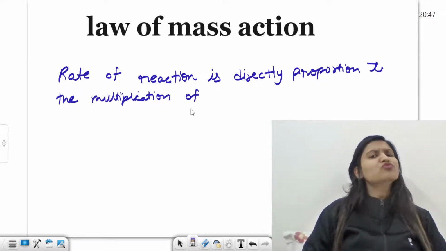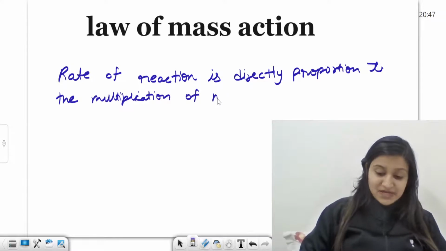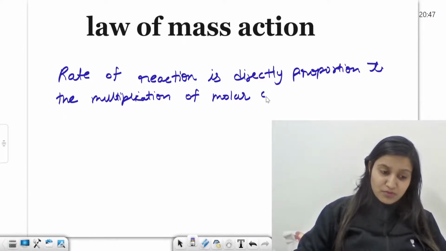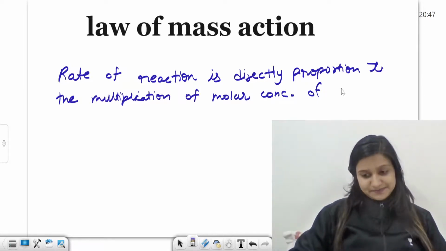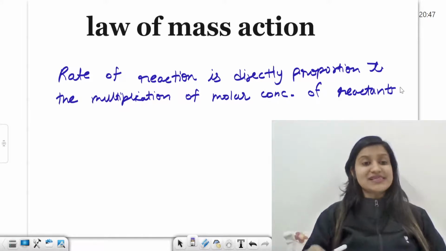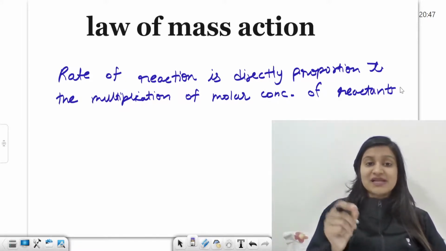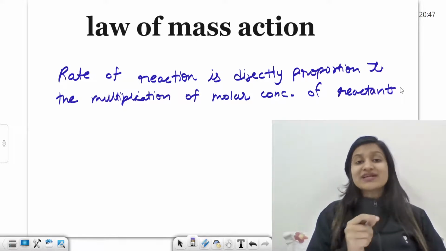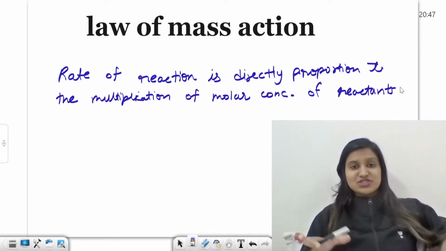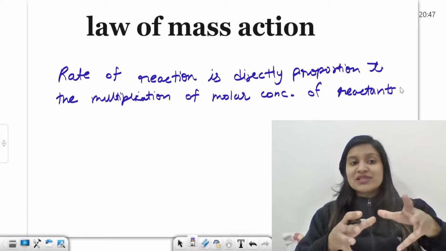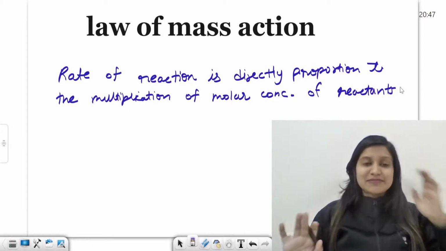Now you'll be like, ma'am, whose molar concentration? Of reactants. So what have we done till now? The rate of reaction is directly proportional to the multiplication of molar concentration of reactants. You took the reactants, their molar concentration, and you multiply them.